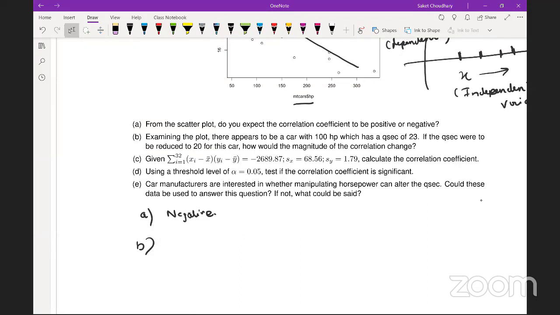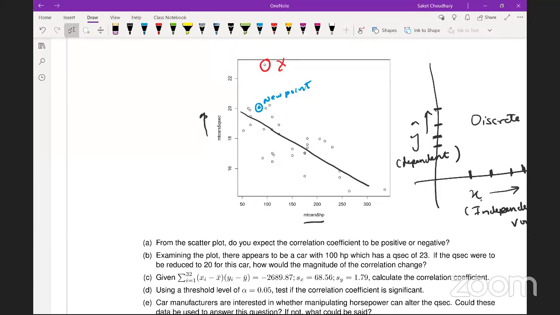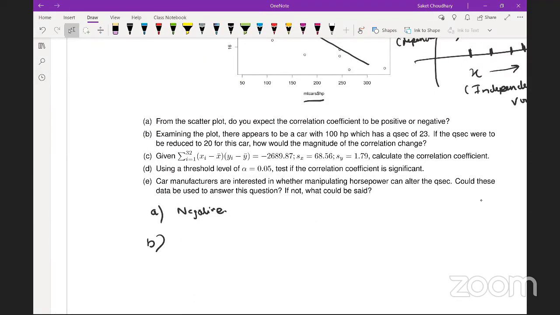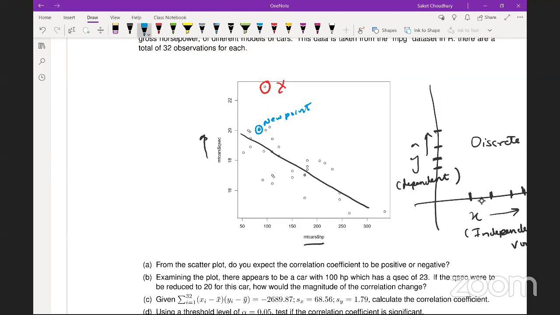What do you think would happen if I were to remove this red point and replace it with the blue value? Should the correlation coefficient increase, decrease, or should it remain the same? Yeah, so it should increase the strength, right? So overall, this particular point, the red point, is in some sense negatively affecting my correlation. Why so?